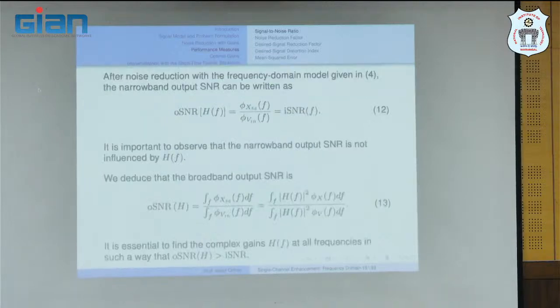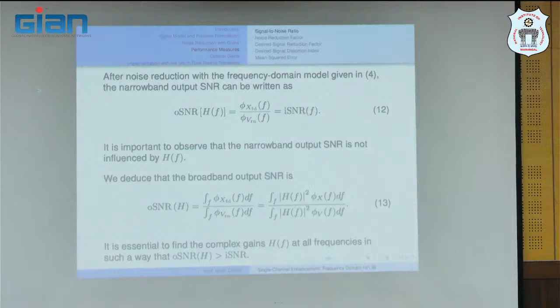The output SNR, we compute it here, okay? So here, we can write it as X filter desired plus V residual noise. So the variance of X filter desired divided by the variance of V residual noise, we obtain the narrowband output SNR.